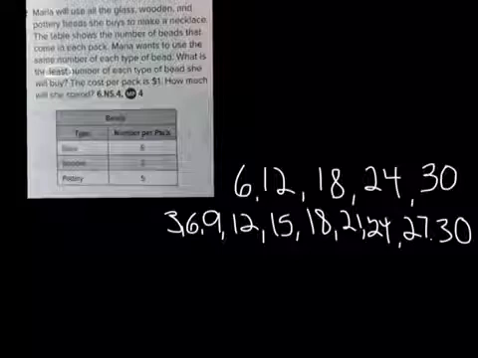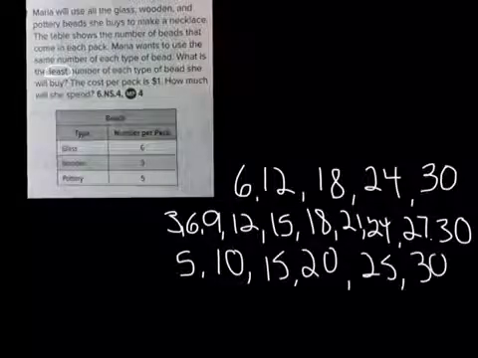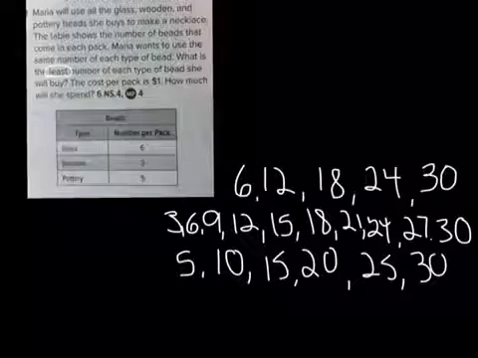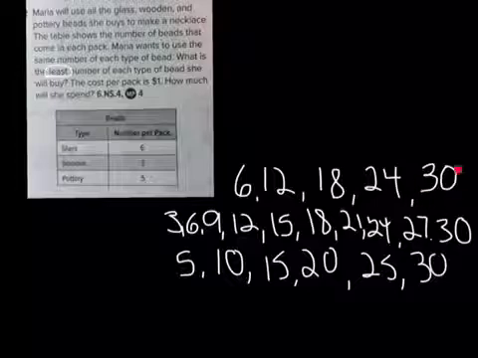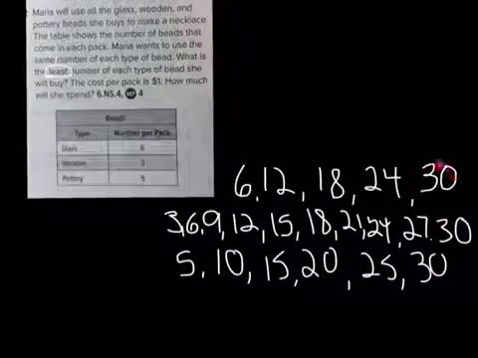So let's do the ones for 5. 5, 10, 15, 20, 25, and 30. So when we're talking about multiples, don't forget, boys and girls, that we're talking about counting by that specific number. And you can see that they all have a common multiple of 30. So she will have to buy at least 30 of each type of beads so that they have equal amount in each necklace, the way she wanted.